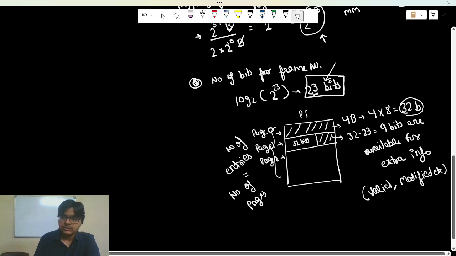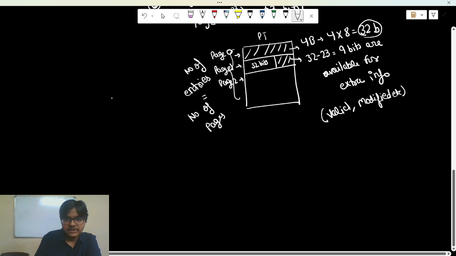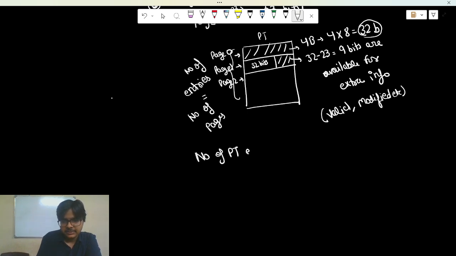So from here you can see how many entries you have. Number of page table entries is equal to number of pages, and it will be 2 raised to the power 17. Each page table entry size is given as 4 bytes.